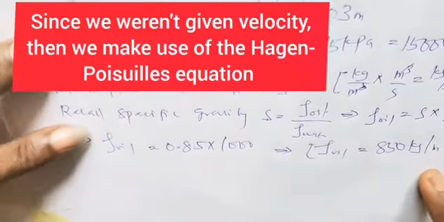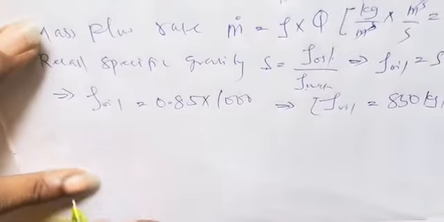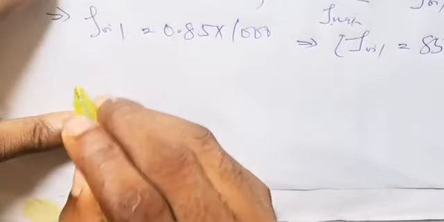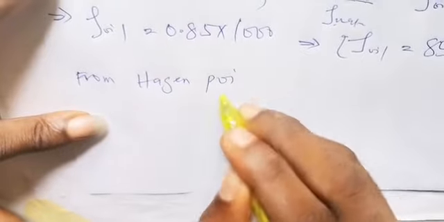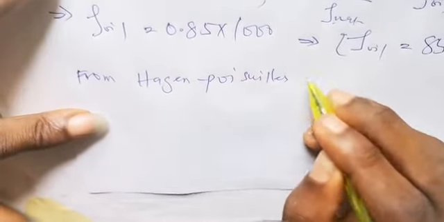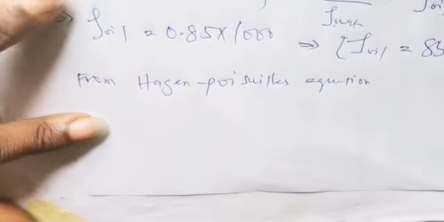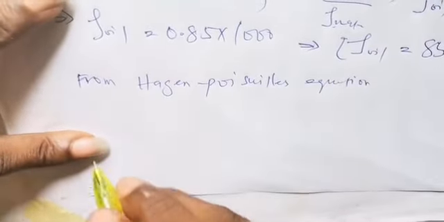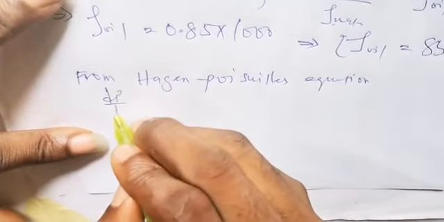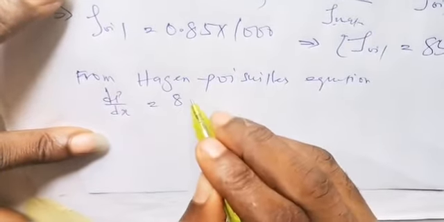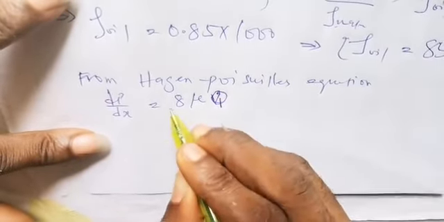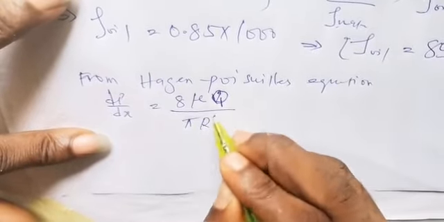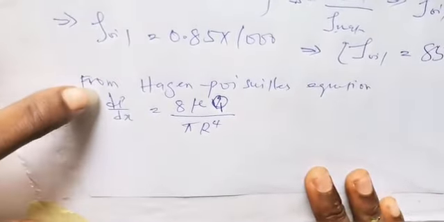To find discharge, we make use of the Hagen-Poiseuille equation. From the Hagen-Poiseuille equation, the pressure gradient dp over dx is equal to 8 times dynamic viscosity times discharge, all over pi r to the power of 4. So this relates the pressure gradient to discharge.